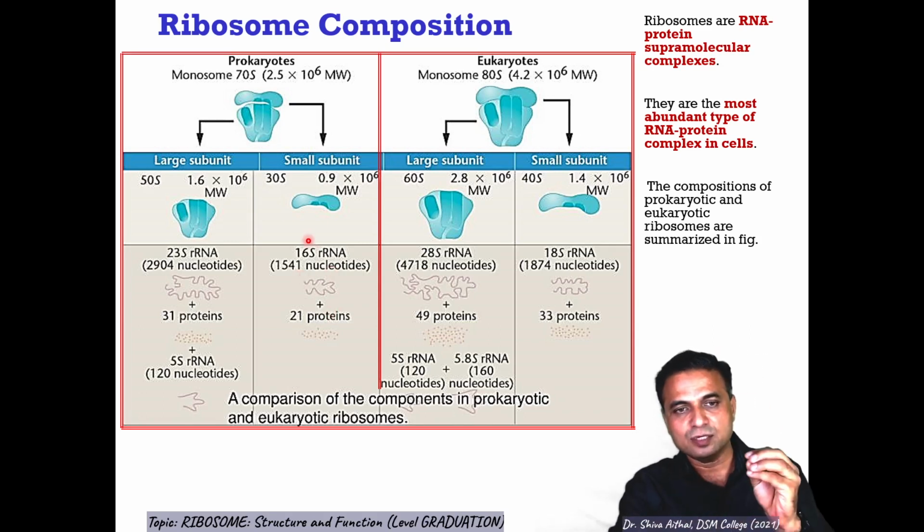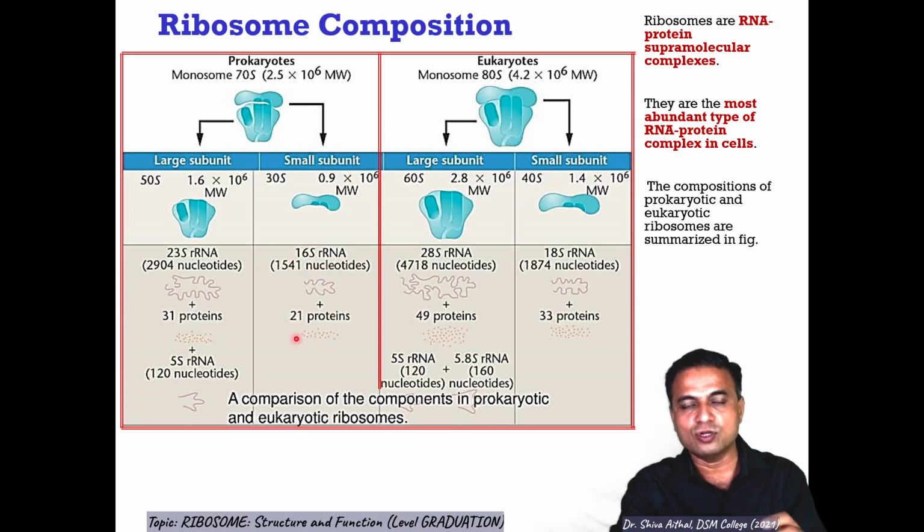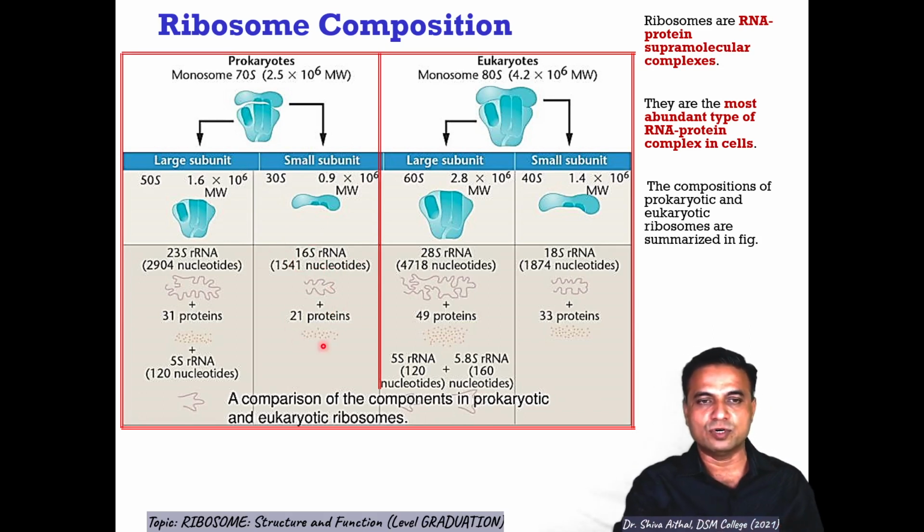So this 30S subunit is made up of 16S RNA molecule plus 21 different types of protein. So these 21 proteins attach to the 16S RNA and it forms a 30S subunit. This 5S rRNA and 23S rRNA are brought together by 31 different types of proteins and it forms a 50S subunit. This 50S combines with the 30S and it becomes a ribosome of 70S in prokaryotes.